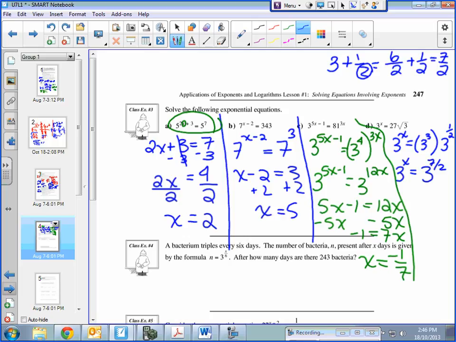If you want to put this in your calculator, I can't tell you not to on a diploma. Just go 3 plus bracket 1 divided by 2, bracket, enter, and then put into a fraction. It'll say 7 halves. So what does x equal then? X is just equal to 7 halves here.